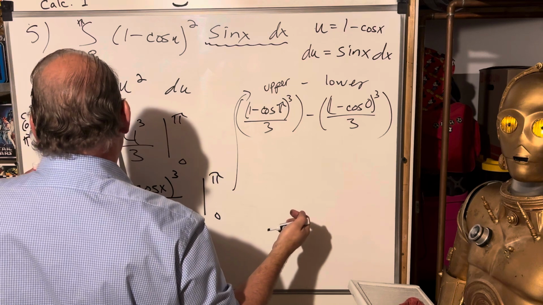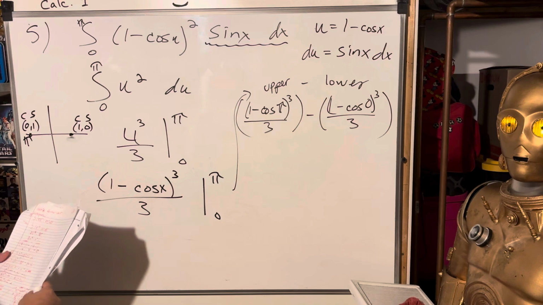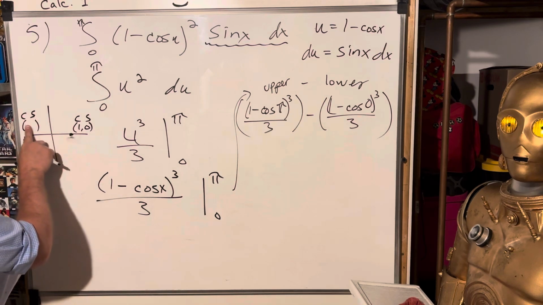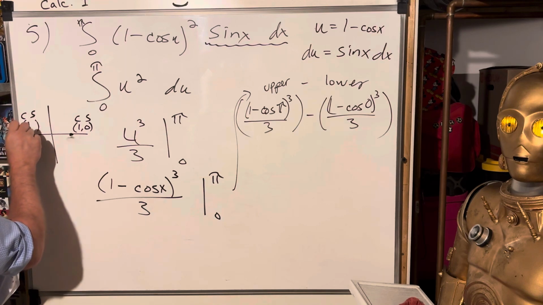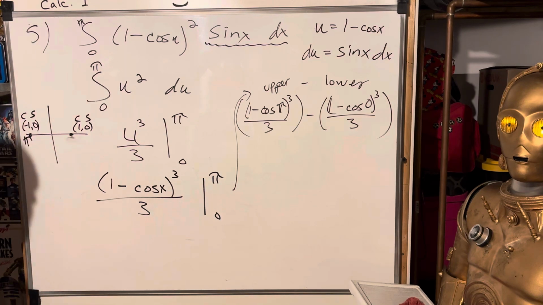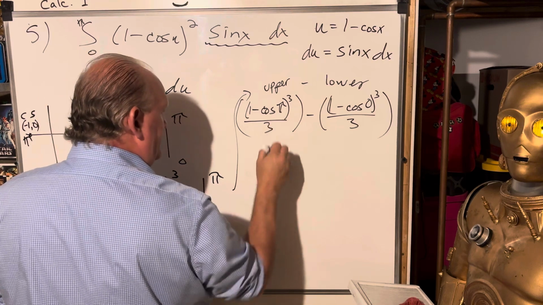So this is what we have. Wait a second. No, it's not. What am I doing here? That's 1, 0. This is negative 1, 0. So the cosine of 180 is negative 1.